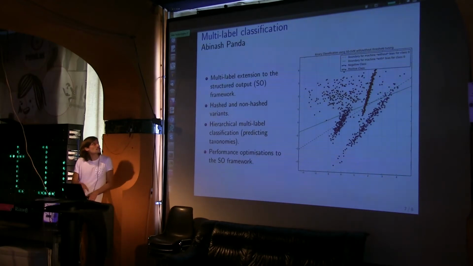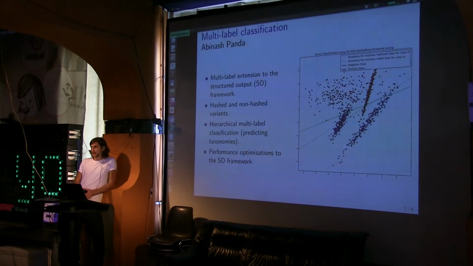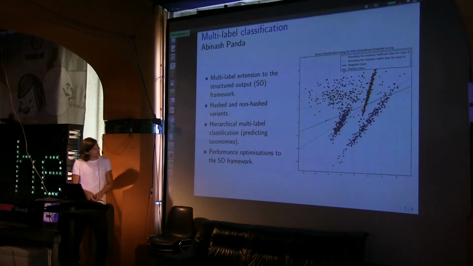While doing this, he also greatly improved the computational performance of the structured output framework, because if you want to predict so many labels, we have to do some optimizations, and that's what we did in this project.